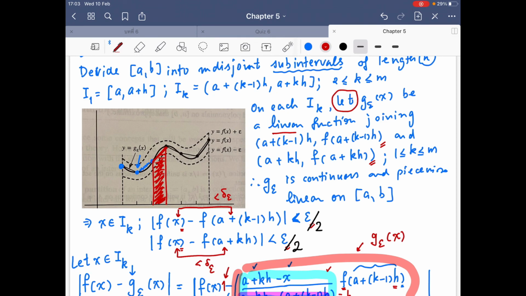So the sum of the areas of each of the trapezoids will also be another good approximation for the area between the curve and the x-axis in the interval from A to B, and this is called the trapezoidal rule of approximating the integration.